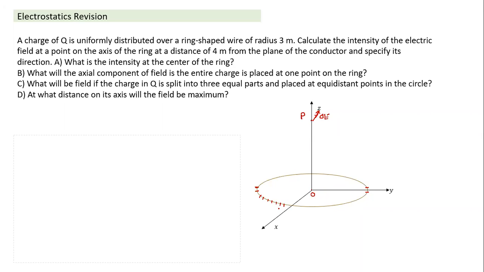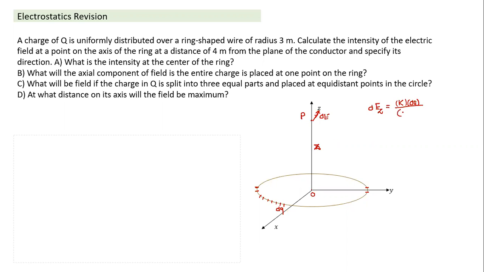So for all dq, what is the z component each one of them creates? Each will create a z component of field which is a constant times the charge dq divided by the square of the distance. Let's call this height z.